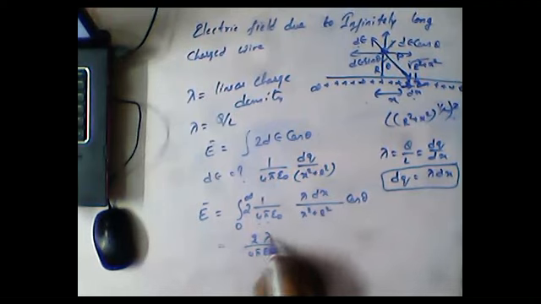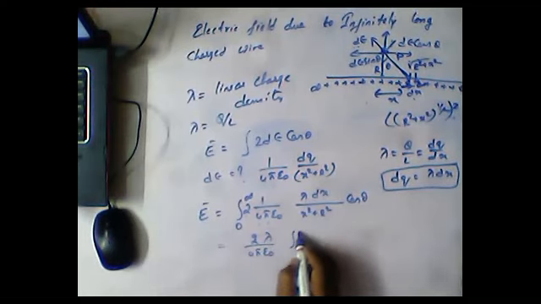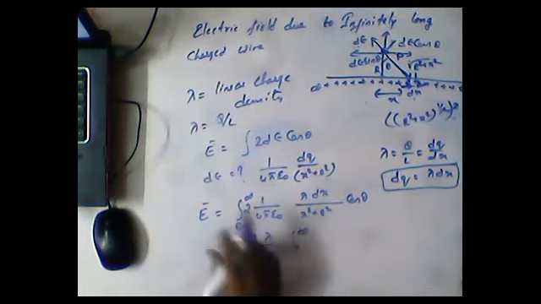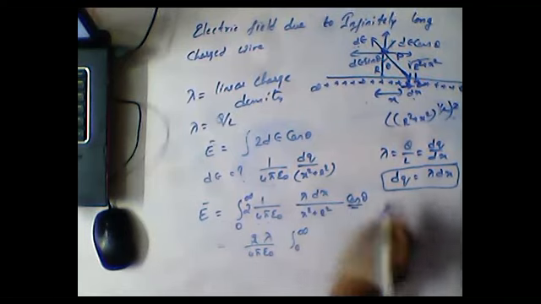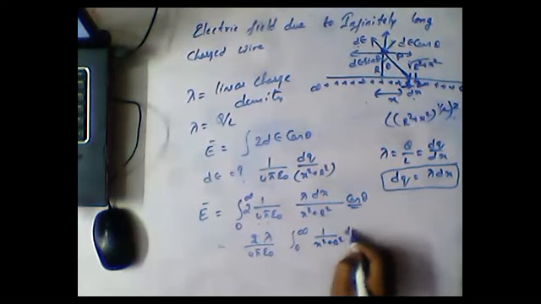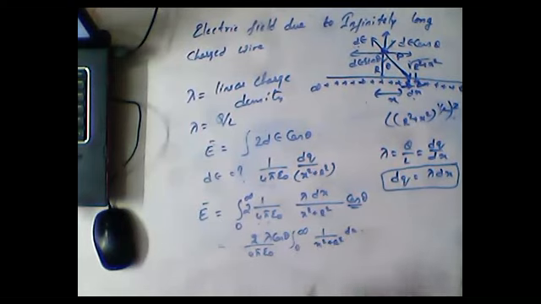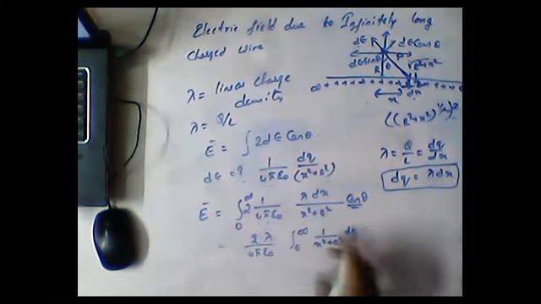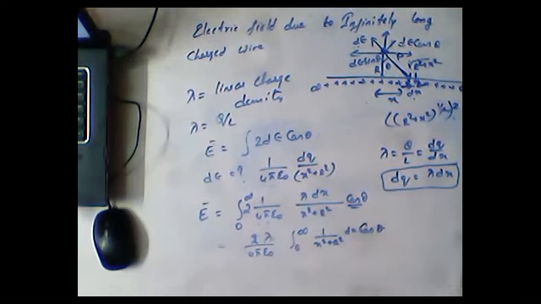So we can write this as 2 lambda by 4 pi epsilon, 0 to infinity. Of course cos theta also we can write, but with this we are having work, so I kept it in here itself. So we are having 1 by x square plus r square dx. Cos theta also we can write, no issue here. If we write there also, no issue, because ultimately we are going to vary with respect to cos theta.